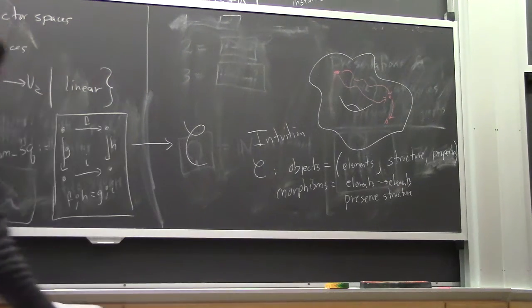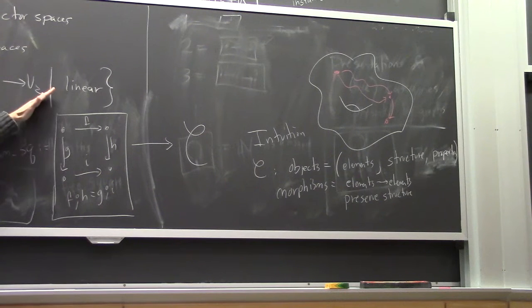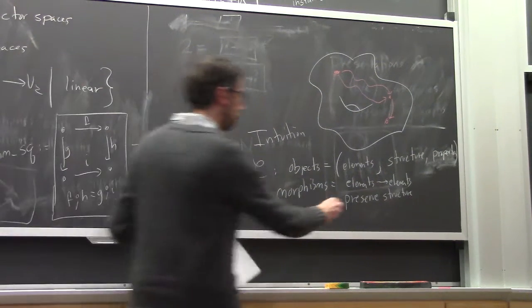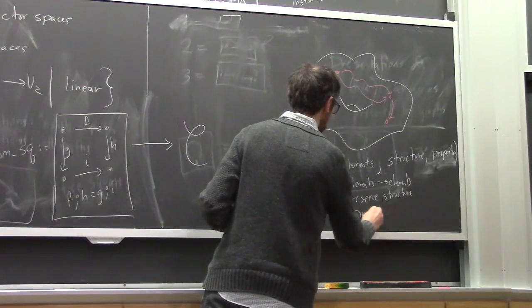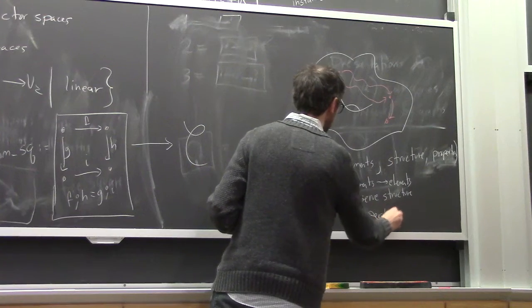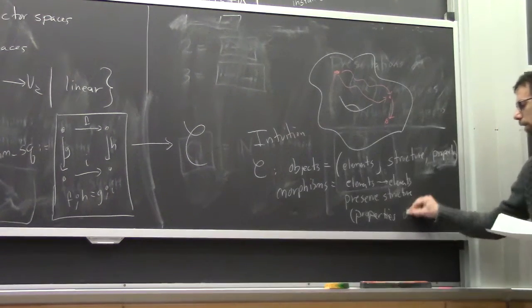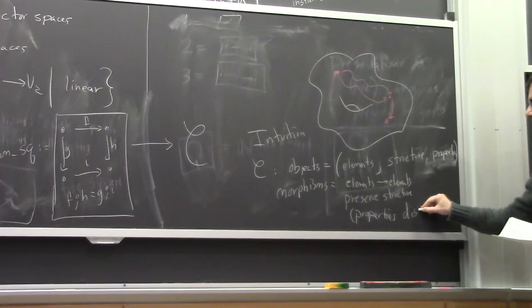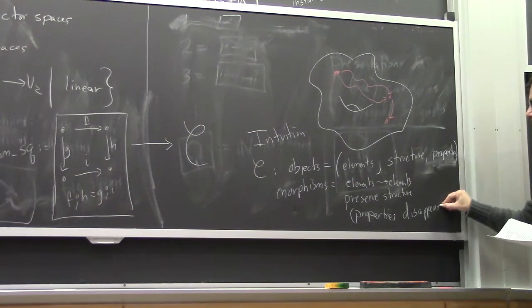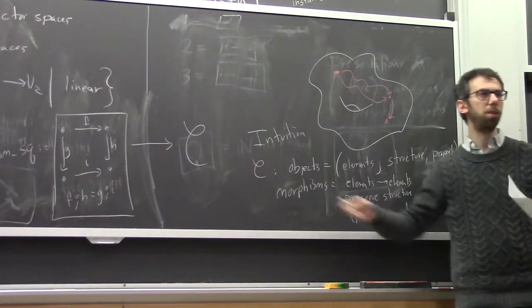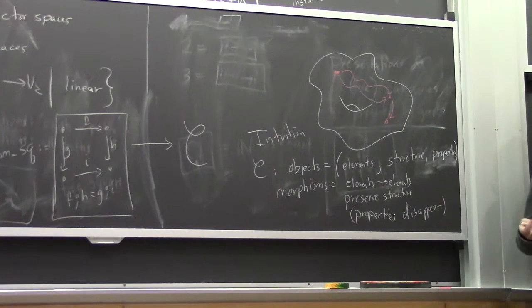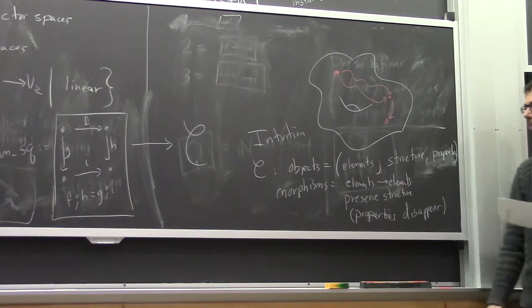They send the elements of one vector space, the vectors, to the elements of the other, and they preserve the structure. It's preserve plus. But the properties kind of disappear. You forget about the fact that the plus is commutative when you're looking at linear transformations, right? When you're looking at a morphism, you don't care about the fact that they're commutative. That's more about the objects.